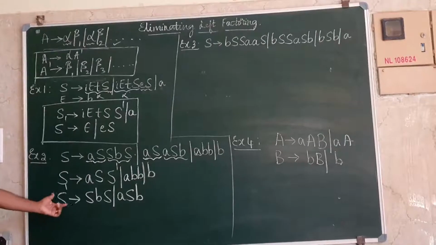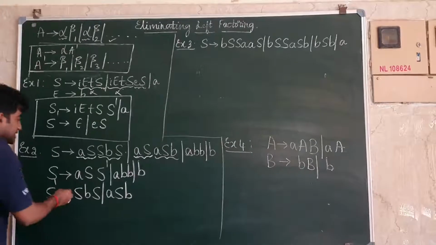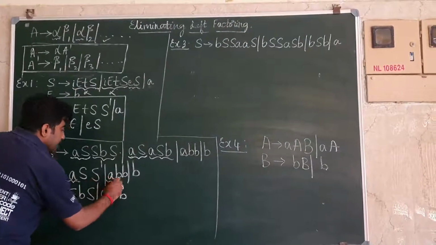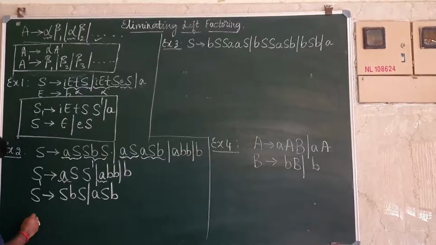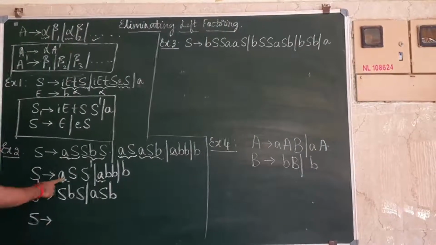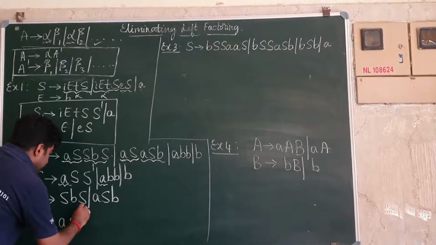Now whether the left factoring is eliminated here? No. Still we have, within these two productions, A again. So again you have to bring it into that form. S tends to, what is common? A. S double dash I will take.